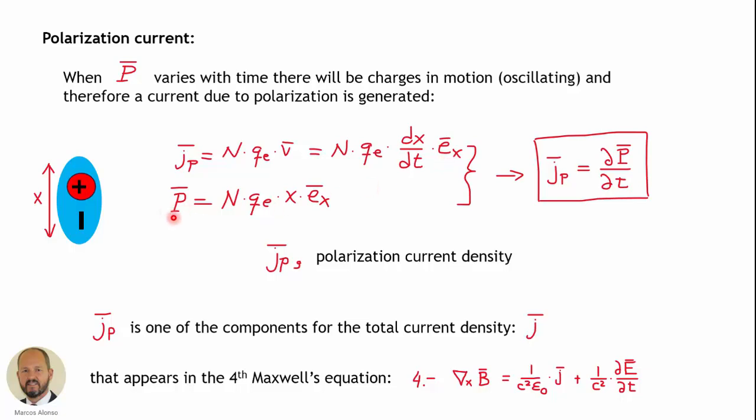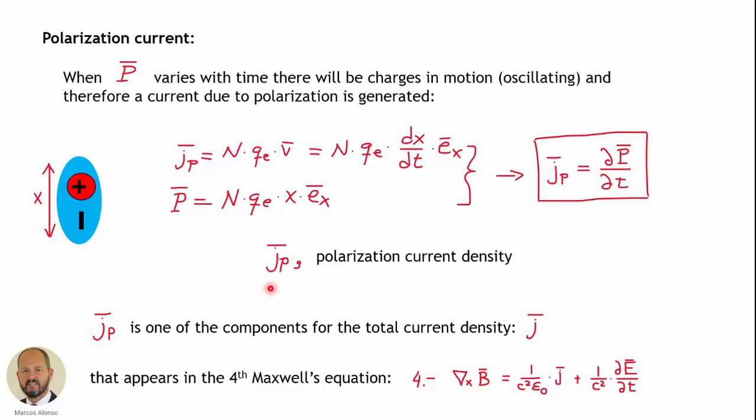And then the polarization vector can be expressed as the number of charges times the charge times the distance x and times a unit vector in the x direction. So if we substitute this in this equation, we get a current density which is equal to the derivative of P with respect to time.